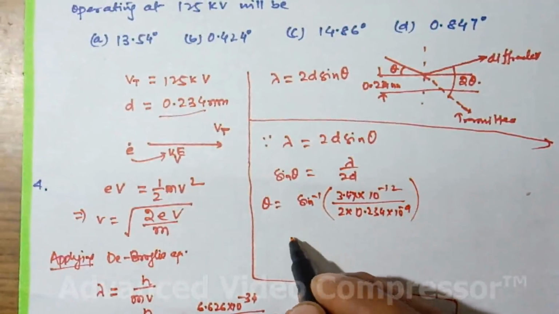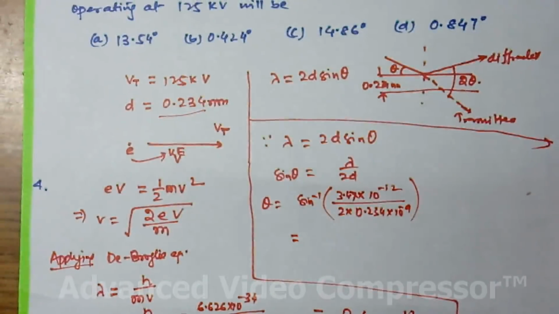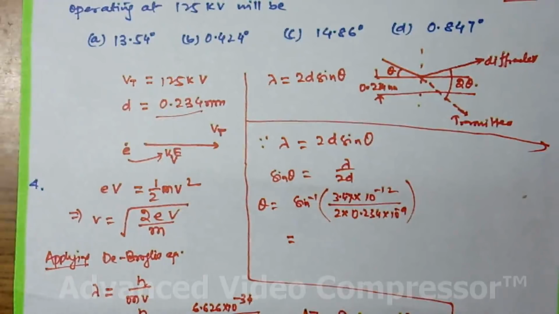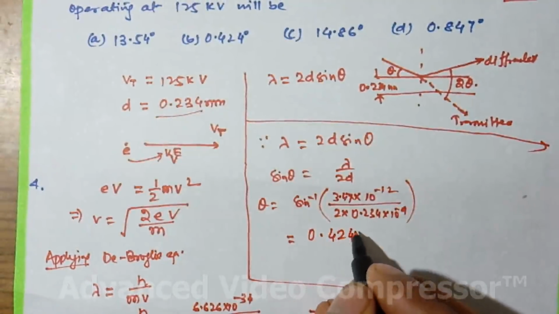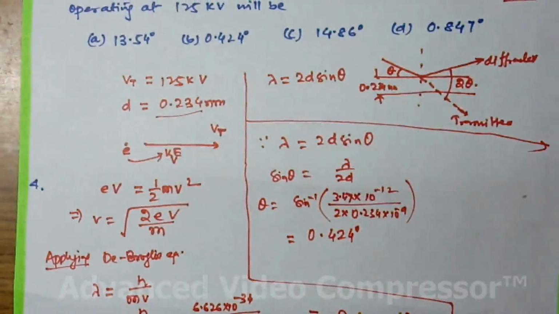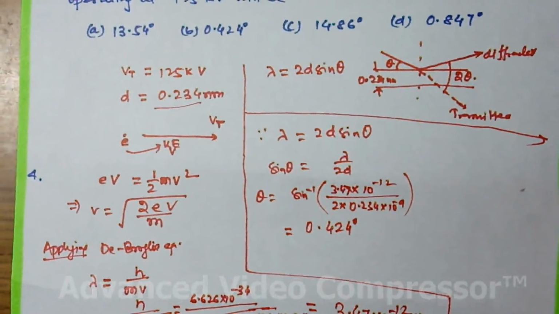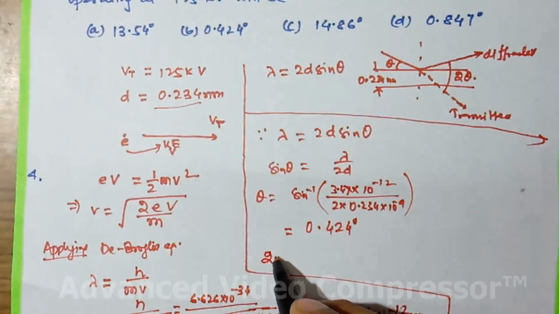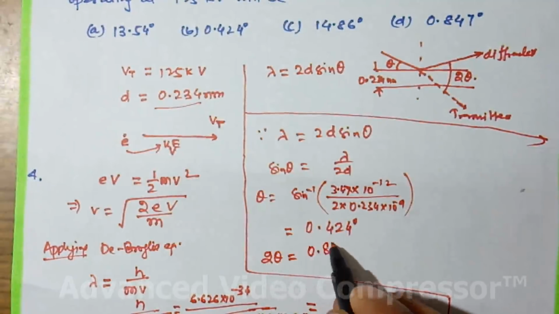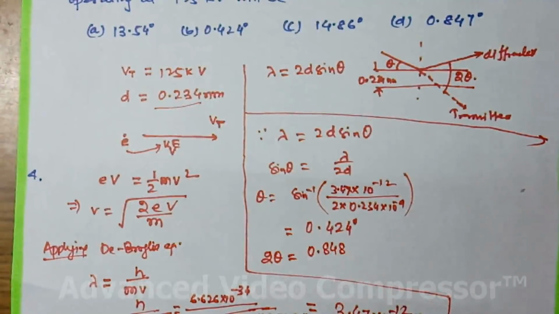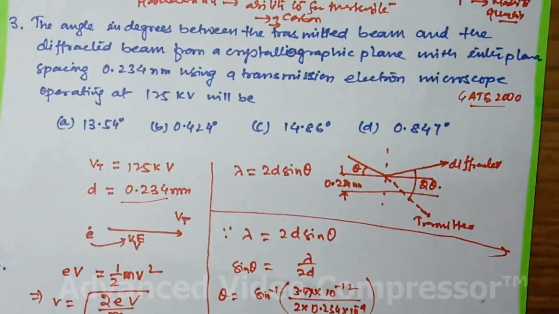So if you calculate this, then theta will come around 0.424 degree. Okay, but what we have to calculate is 2 theta. So 2 theta equal to 0.848. Okay, so this is the answer.